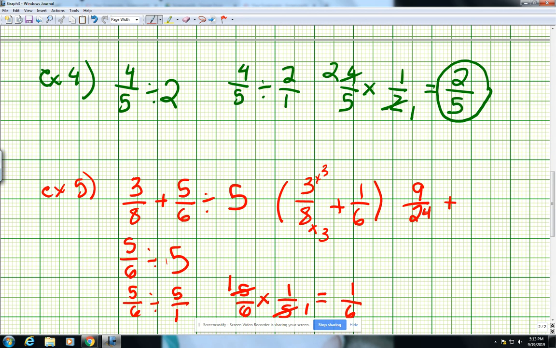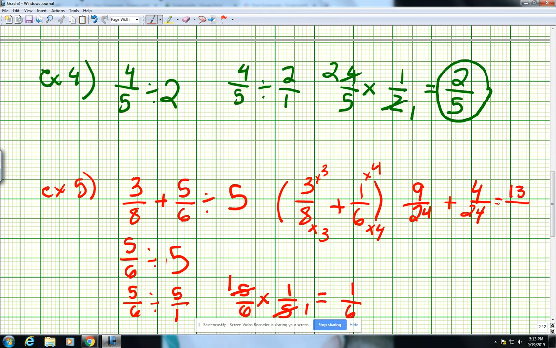If I want to get the 6 to something out of 24, I have to ask myself, how did I get from 6 to 24? Well, I multiplied by 4, which means I can multiply the top by 4. If I do 1 times 4, I get 4. Now that my denominators are the same, I can add the numerators. 9 plus 4 is 13.